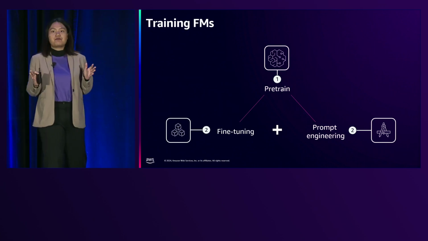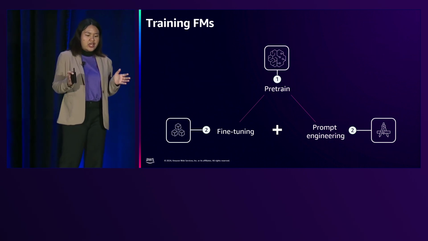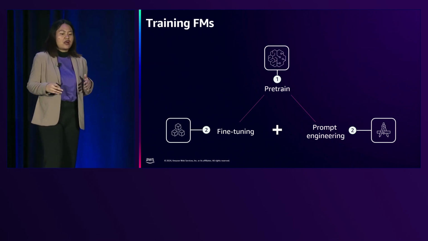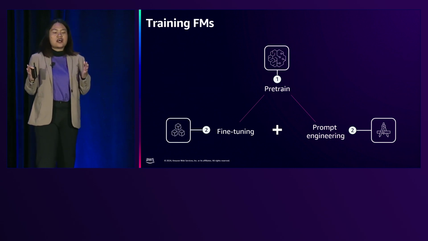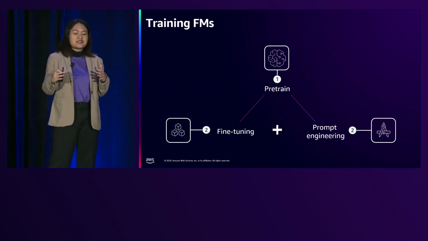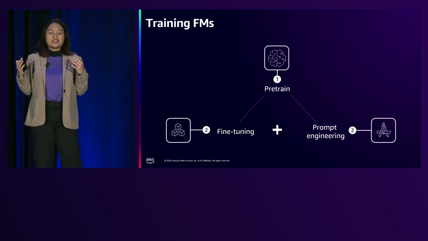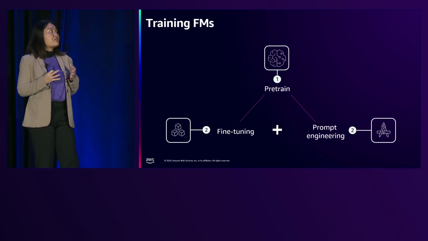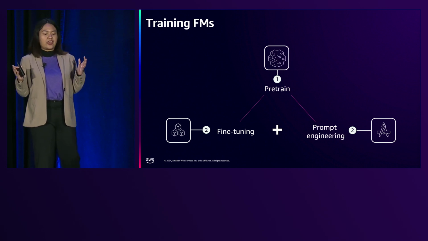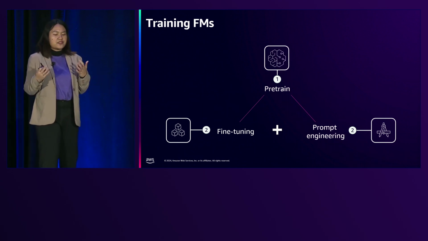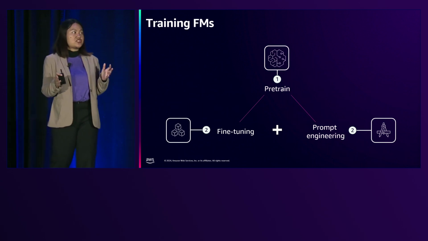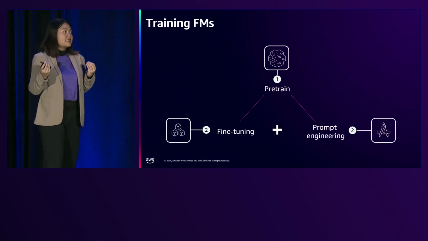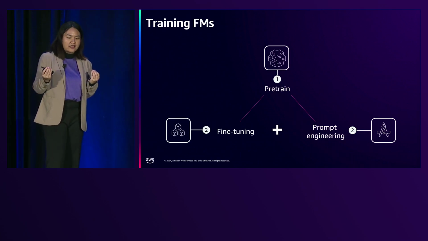So the first step would be the pre-training. During the pre-training stage, the foundational model uses self-supervised learning to capture the data from a vast data set that consists of trillions of words. And you use the foundational model algorithm, which is the deep neural network, to get the context of the text.